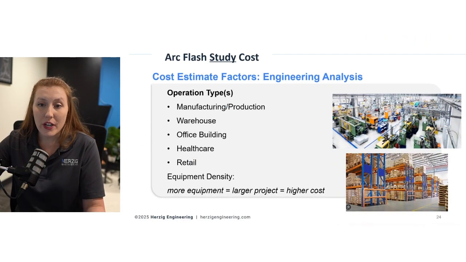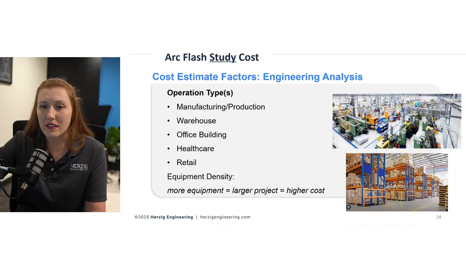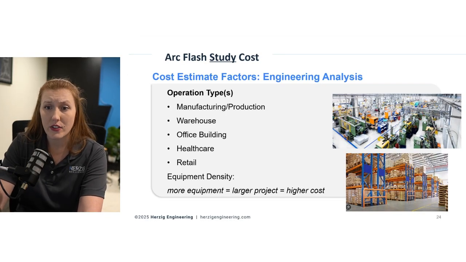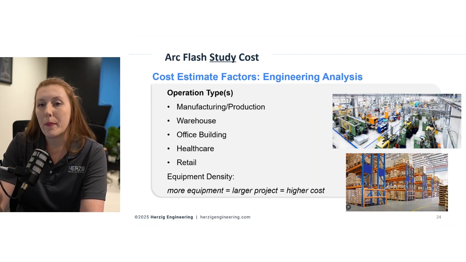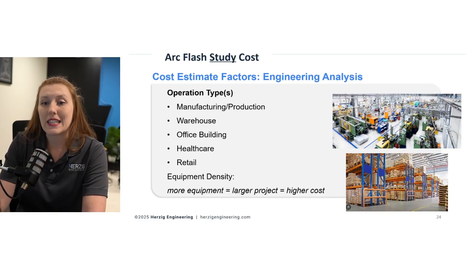Then we've got operational types. So again, if it's a really dense, packed facility of manufacturing or production lines, that's going to be very different than an office space with a big old warehouse attached to it, or even a hospital or some other kind of healthcare facility or retail store. So a big part of this for your operations is, well, what does that look like equipment density-wise?